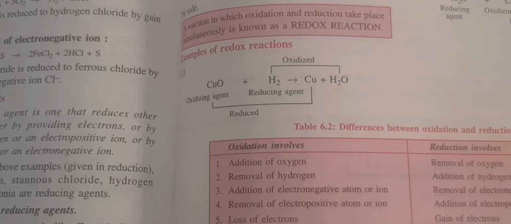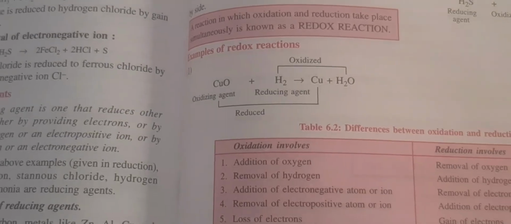Reduction. And hydrogen to water? Oxidation. Who is helping in the process of reduction is the reducing agent. Who is removing oxygen from copper oxide? Hydrogen. So hydrogen is a reducing agent. Who is providing oxygen to hydrogen, so that hydrogen is oxidized? Copper oxide. So copper oxide is the oxidizing agent.